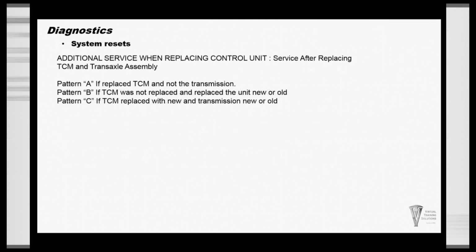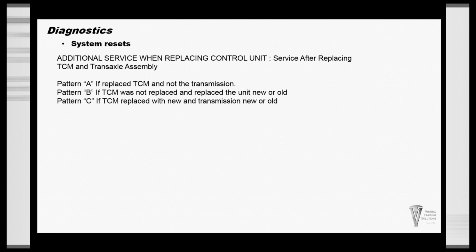All right, system restart. This is going to get a little confusing and the factory information is a little muddy. So we're going to say pattern A is if we replace the TCM and not the transmission. So pattern A, if we replace the TCM but the transmission is the original one.